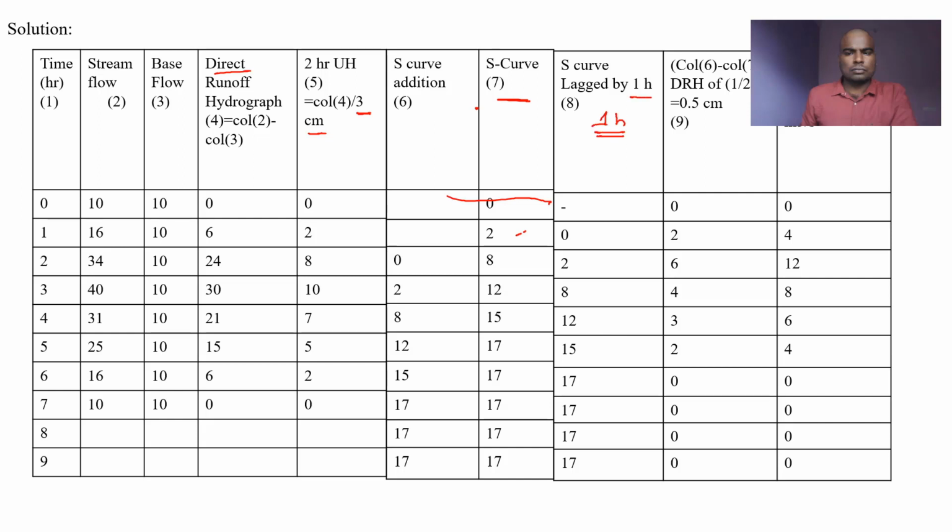From that you will get a DRH of 0.5 centimeter of 1 hour duration. Please observe carefully when I say 1 hour, 2 hour, it has to be proper. Then only we won't make any mistakes. From the DRH of 0.5 centimeter excess rainfall of 1 hour duration, we will get the 1 hour unit hydrograph by dividing this column number 9 by 0.5. So this is the overall step.